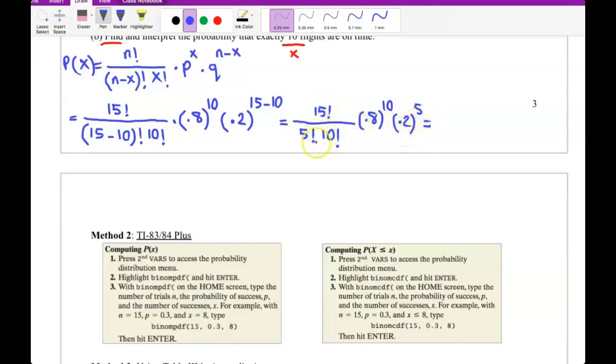Okay, so the answer for this part is 3003. Then multiplied by this, so the final answer is 0.1032.